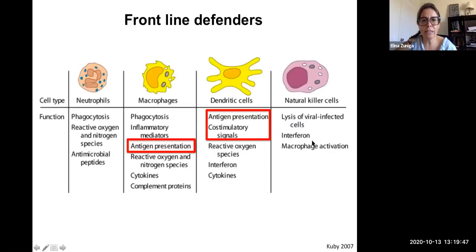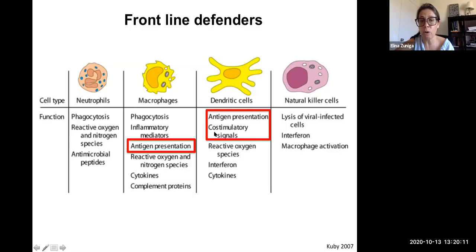And so which are these antigen-presenting cells? Well, there are two that we have already talked about. Actually, all of them we have talked about, but two we mentioned in the innate immunity lecture. We said that macrophages also present antigen or are important for antigen presentation. And so macrophages are one of the antigen-presenting cells or APCs.